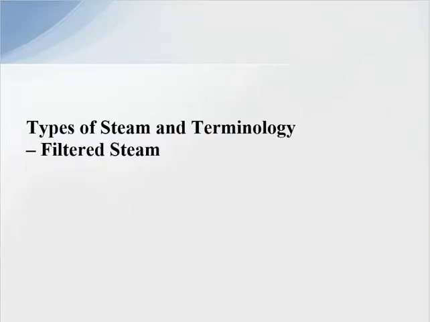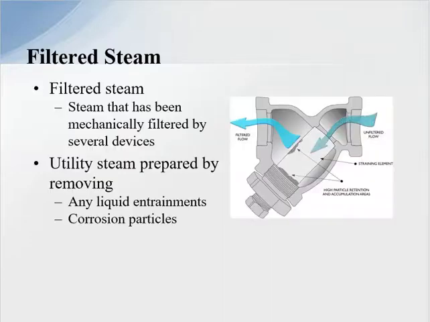The next one I want to talk about is filtered steam. Filtered steam is steam that's been mechanically filtered by several devices. It is utility steam prepared by removing any liquid entrainment and corrosion particles.